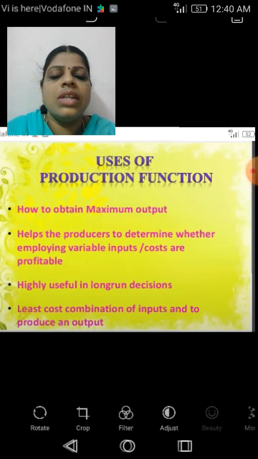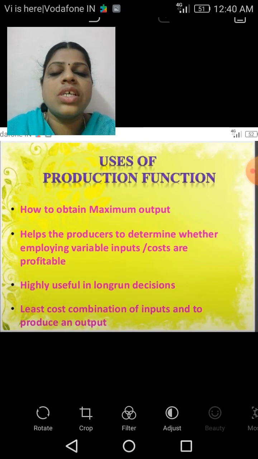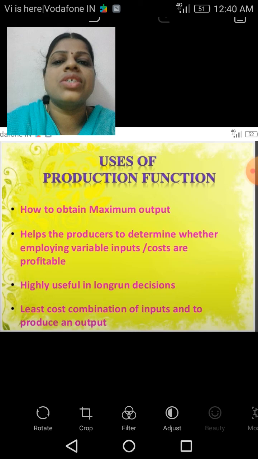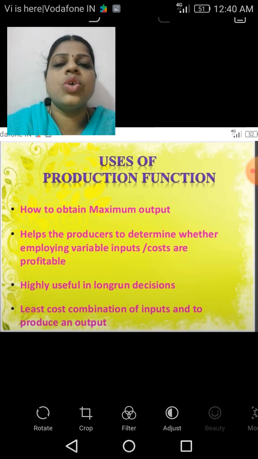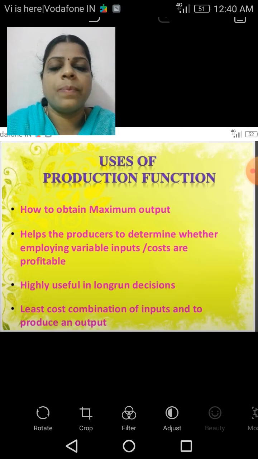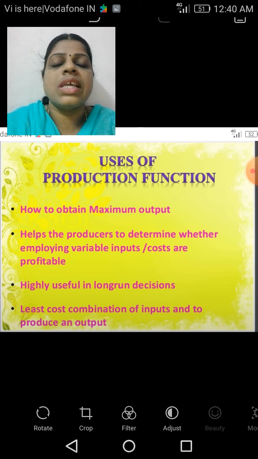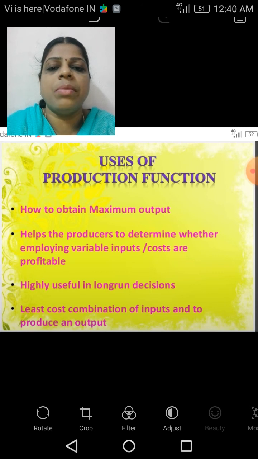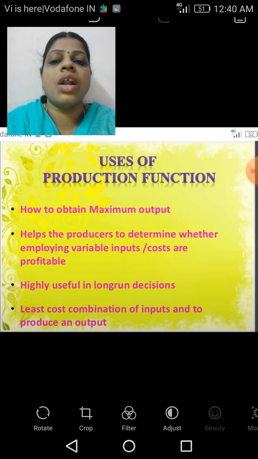Now let's discuss the uses of the production function. It helps to know how to obtain the maximum output. The second one helps the producers to determine whether employing variable inputs cost is profitable.